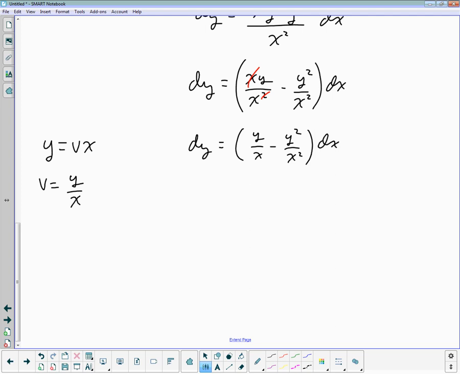So we wind up with dy is equal to v minus v squared dx. And like I said, we have another substitution that we just brought up a minute ago that's going to deal with the left-hand side. So that becomes v dx plus x dv is equal to this.